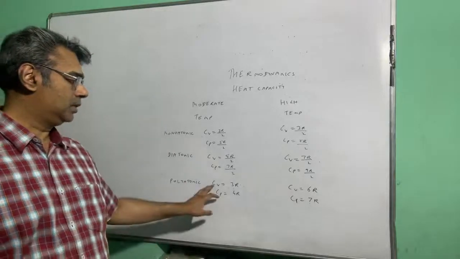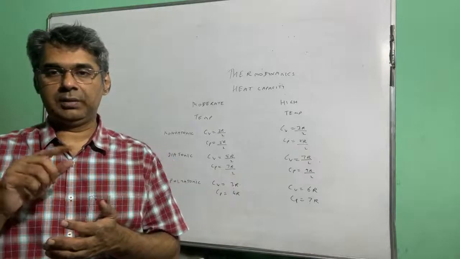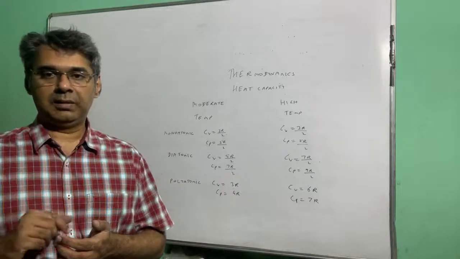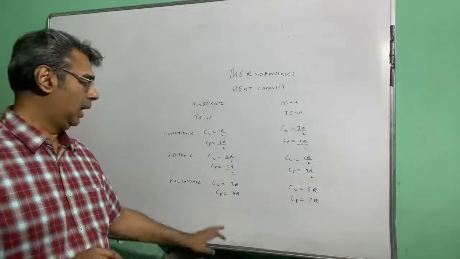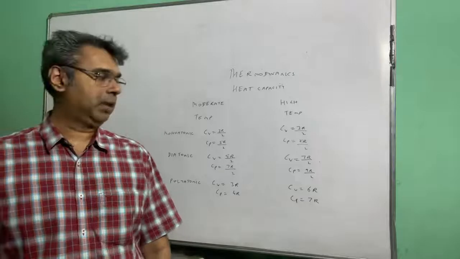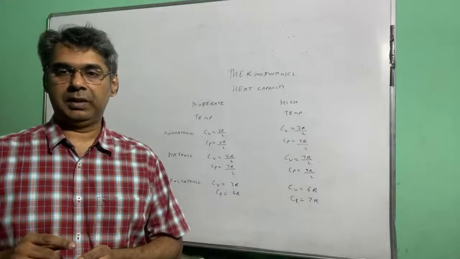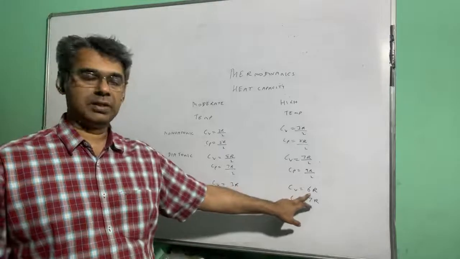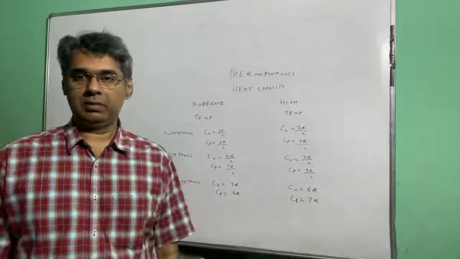So at moderate temperature, Cv will be 3R, because 3 times R by 2 plus 3 times R by 2 is 3R. And Cp will be 4R. But at high temperature, there will be 3 degrees of vibrational freedom, and each will be R. So 3R plus 3R is 6R, and of course Cv plus R is always Cp.